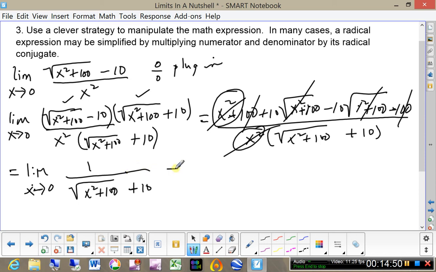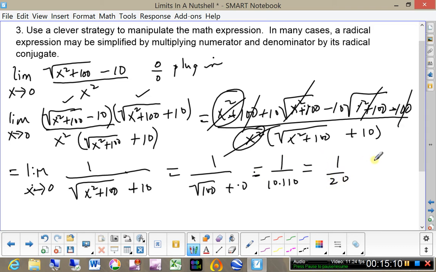So when you plug in x equals 0, you get 1 over the square root of 100 plus 10. That's equal to 1 over 10 plus 10, which is equal to 1/20.